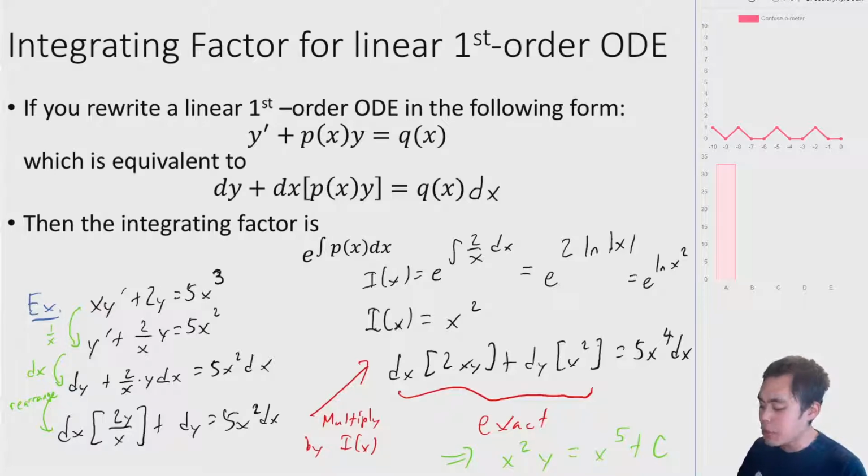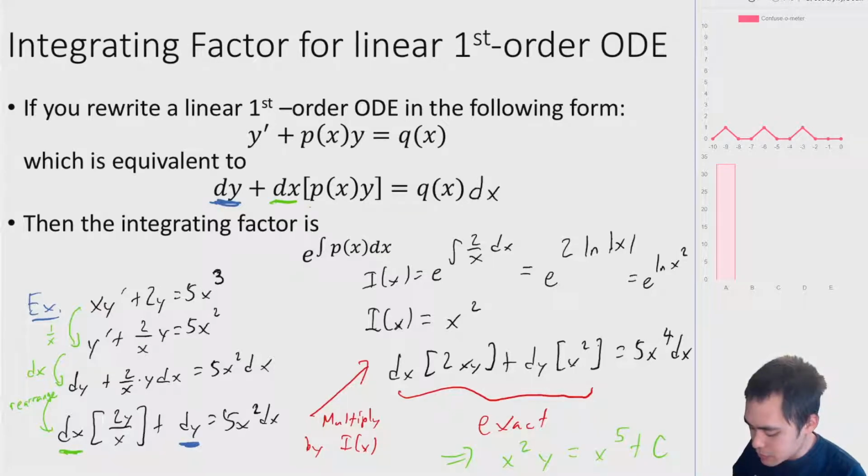Because what we want to do is put it in the exact same form. So we want this in the form where we have a dy and we have a dx and we have a p of x times y. The p of x here is just 2 over x.